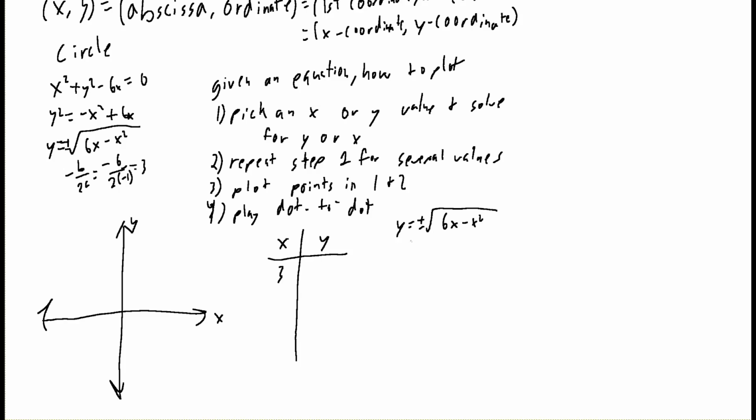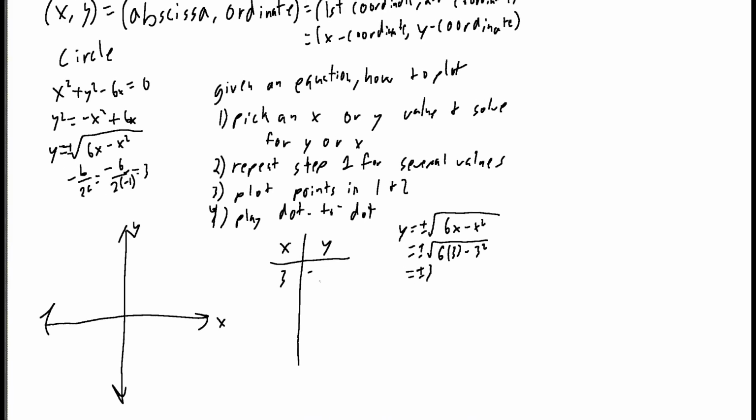So we have plus or minus the square root of 6 by 3 minus 3 squared. 6 by 3 is 18, minus 3 squared, which is 9. So 18 minus 9 is 9. The square root of 9 is 3, so this is plus or minus 3.